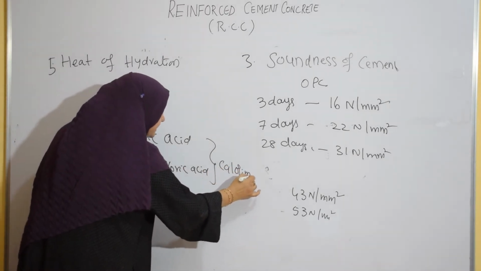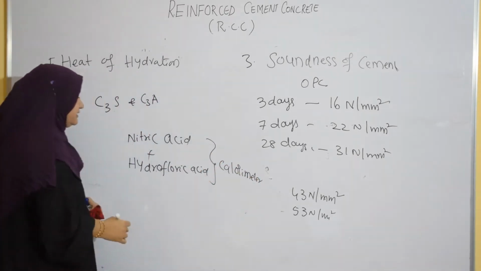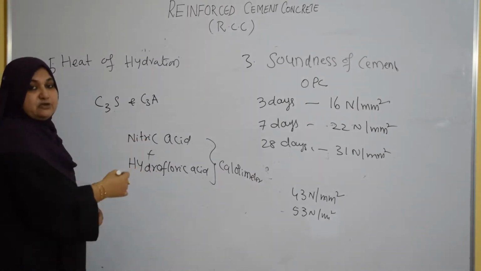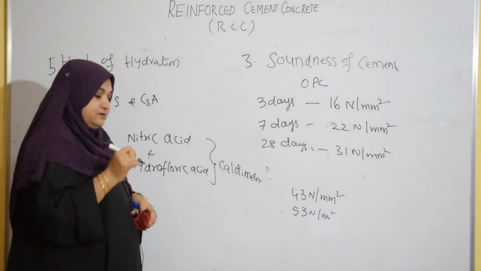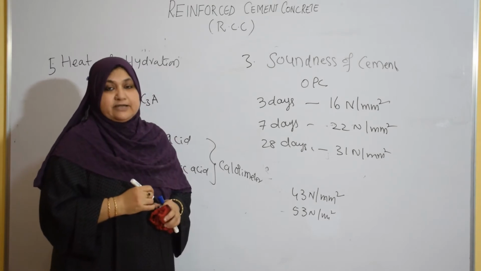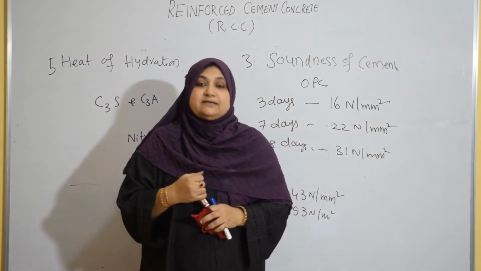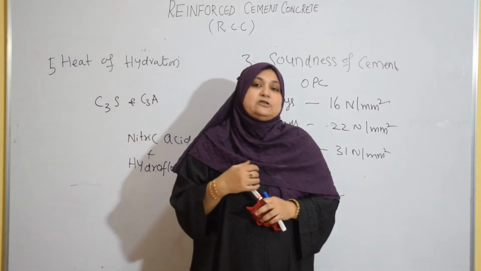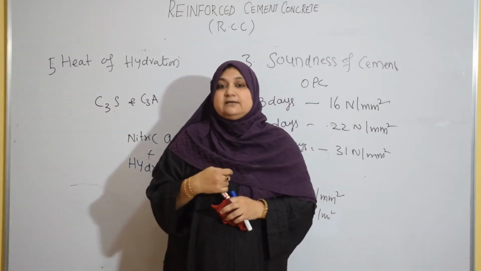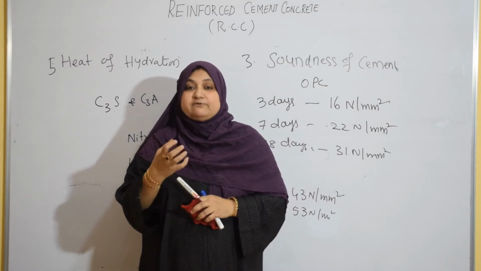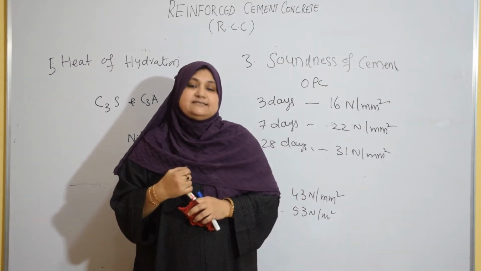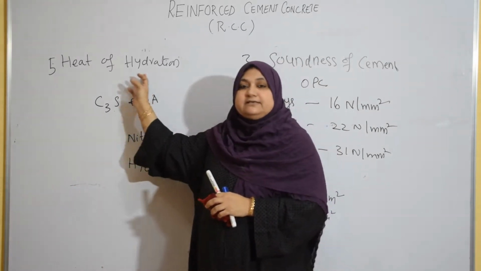All of you know what a calorimeter is. In a calorimeter, this combination of acid is taken, and cement is dissolved. So there will be an increase in the temperature. That increase in temperature, after deducting the losses in the calorimeter, whatever amount of rise is there in the temperature, is taken as heat of hydration.